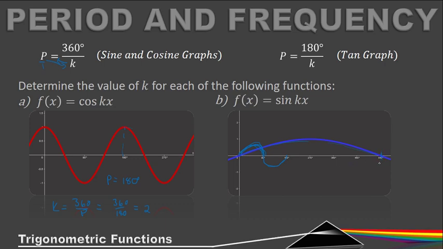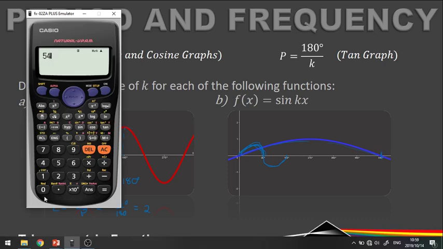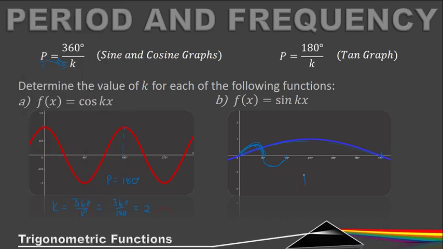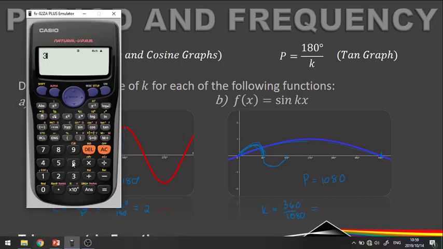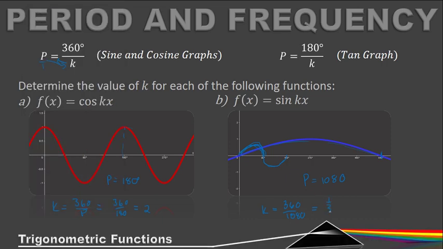So if this is 540, we have 540 times 2, because that's just half of it, so the complete period is 1080. So our period here is 1080, and therefore our k value is 360 over 1080, and 360 divided by 1080 is equal to 1 over 3. So our k value is 1 over 3.